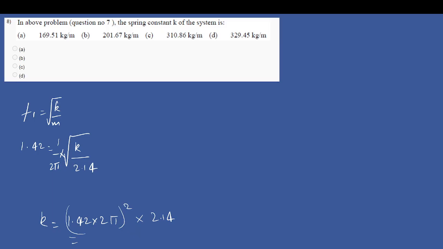If I check this answer, 1.42 into 2 into 3.14 into 8.91 into 2.14, it's now coming out closer to 169.7 kg per meter, which is your option A, 169.51.